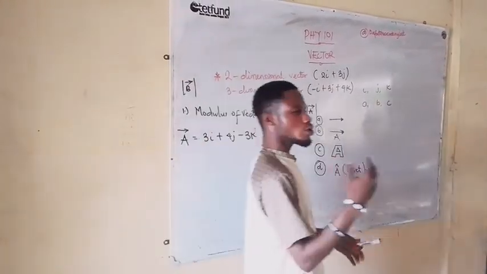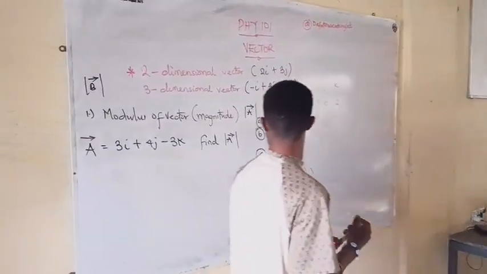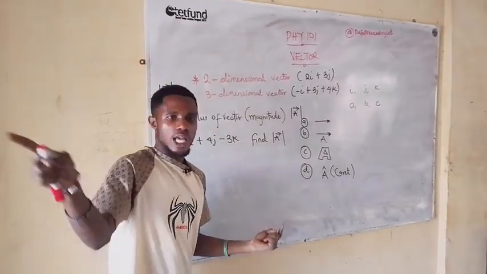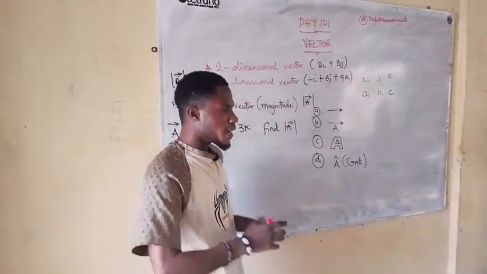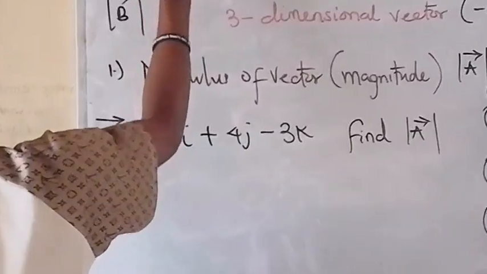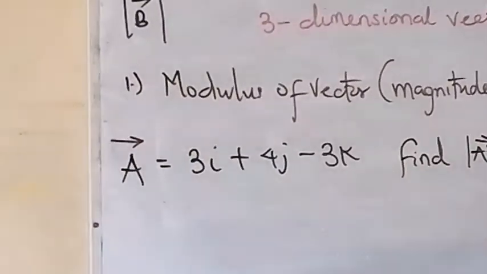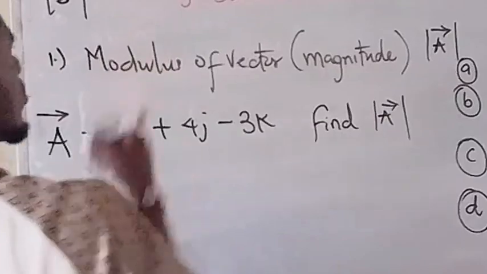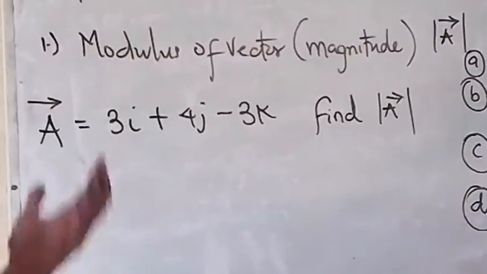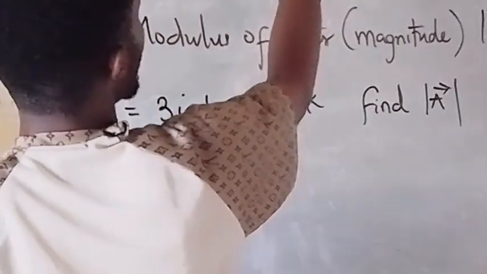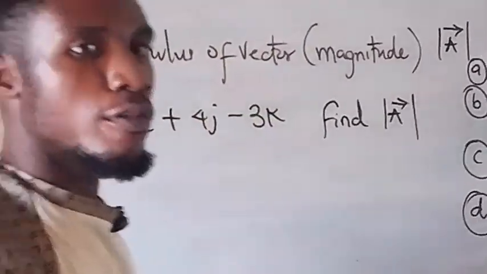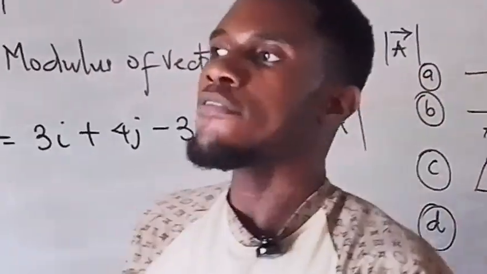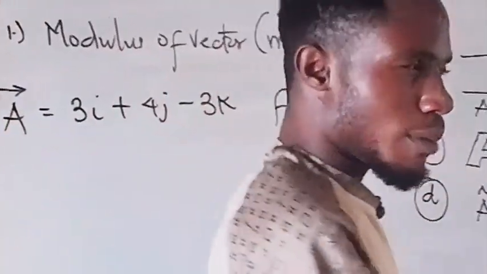For you to find the modulus or magnitude of a particular vector, just pick the coefficients of the vectors, square them, and square root. What I mean is, if I have 2A plus B, the coefficient of A here becomes 2, and the coefficient of B here becomes 1. Coefficient is the number in front of a particular unknown I'm looking for.